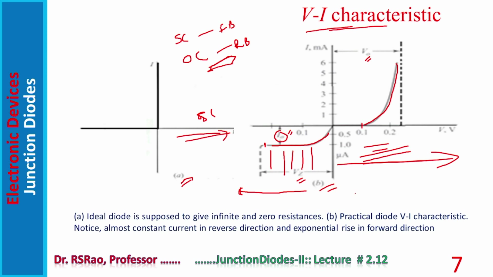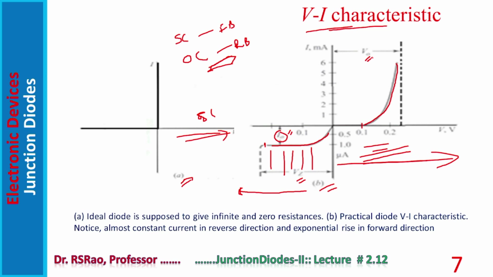Before going further, one has to understand an important point. There is a range of voltage for operating a diode. On the positive side, one can work with the diode only up to a voltage equal to V0, the built-in potential.